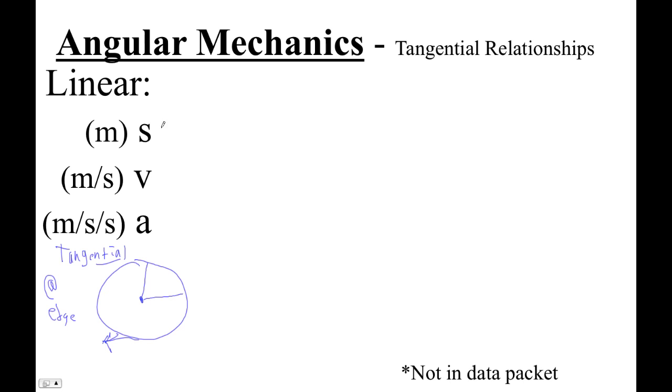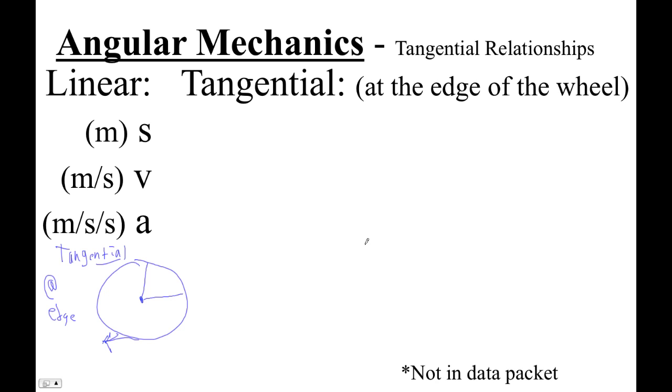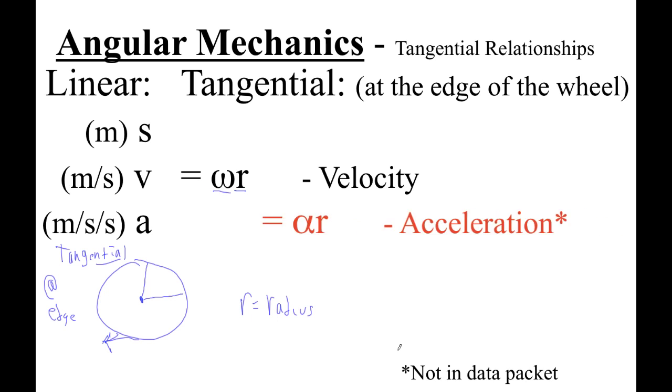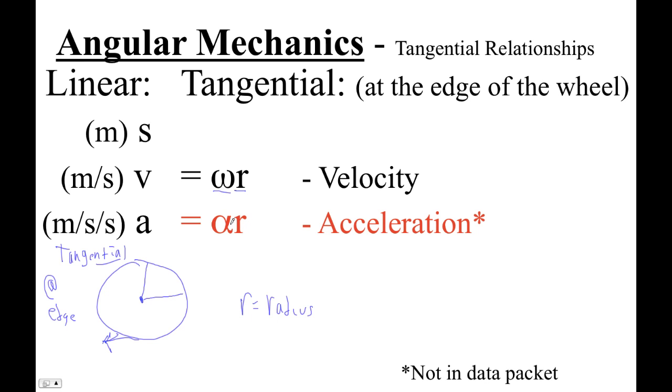What we want to do is relate these to angular quantities, and these are actually fairly simple. All we do is multiply. This one is given to us, by the way, in the data packet. So the tangential velocity is the angular velocity times the radius. That's our radius. And then the tangential acceleration is just the angular acceleration times the radius.